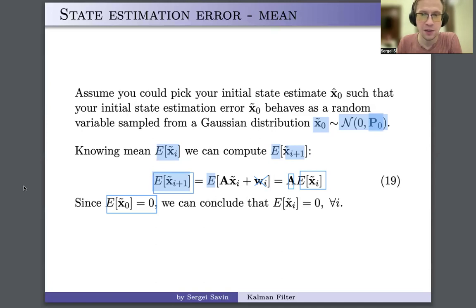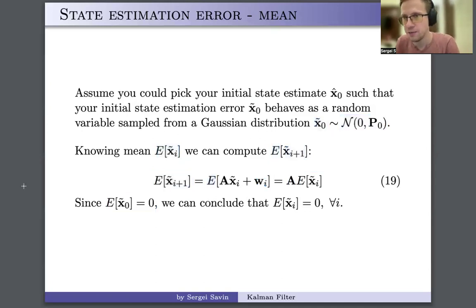Okay, let me summarize what we achieved right now. We found that if the initial mean of the state estimation error is 0, all subsequent means of the state estimation error would also be 0. So in terms of mean, the state estimation error does not have a dynamic other than 0, 0, 0, 0.